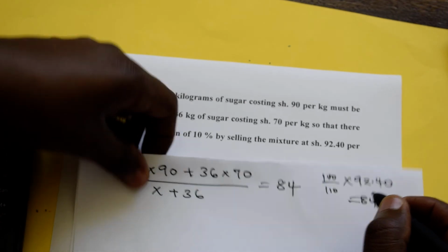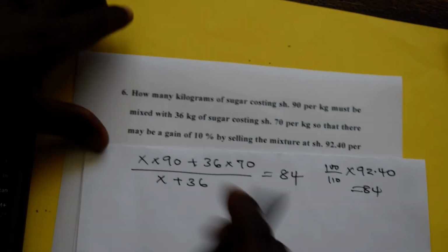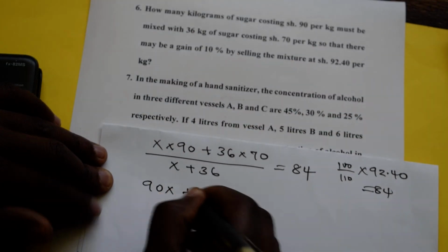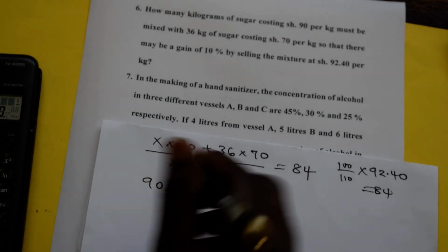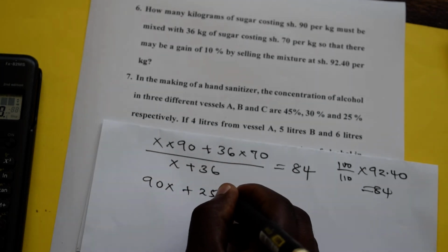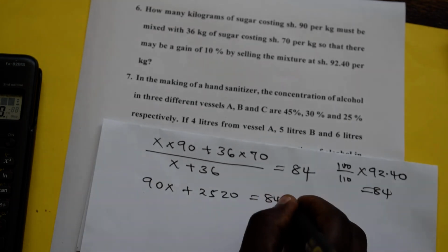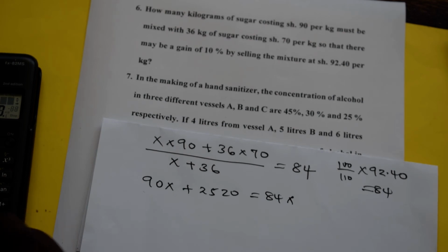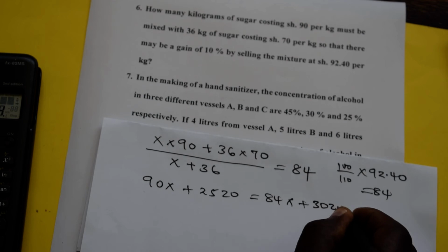And if we are able to get 84, now we can work out x. So x therefore will be, this is 90x plus 36 times 70, which will give us 2520, which equals 84x plus 3024.